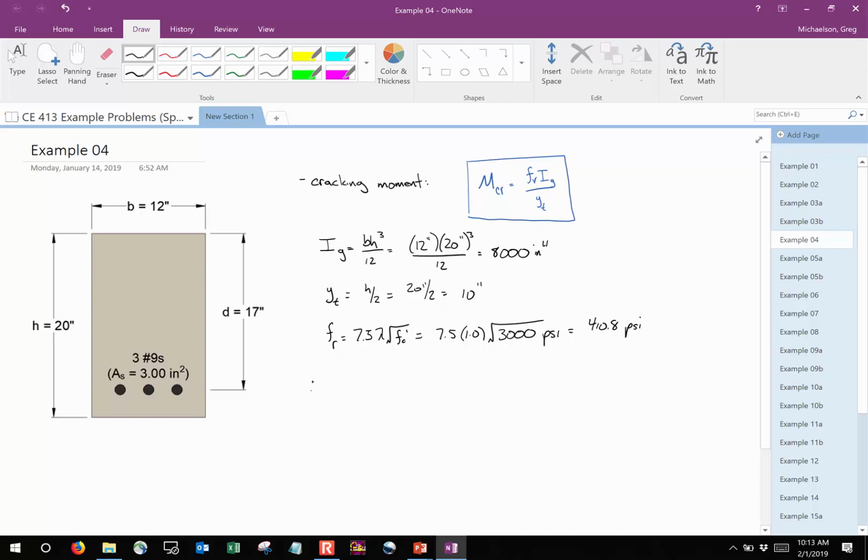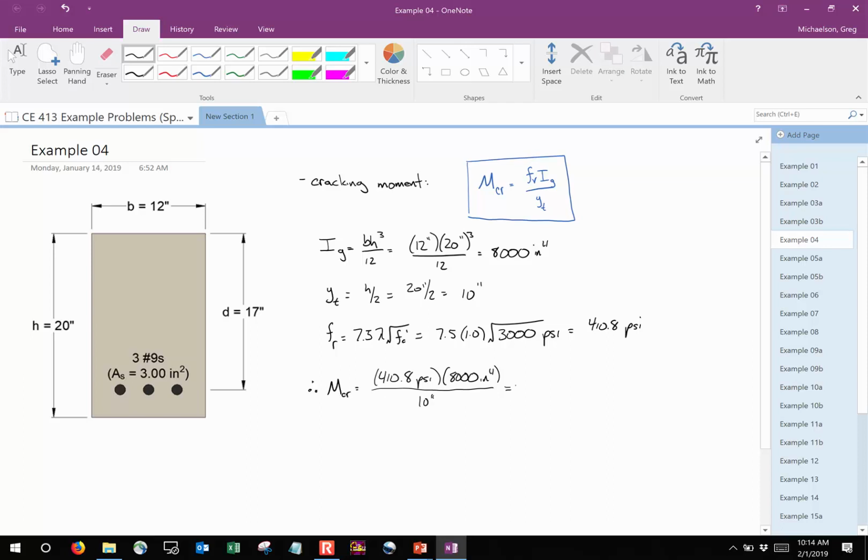So therefore, our cracking moment, so we have 410.8 PSI. We have 8,000 inches to the fourth. We have 10 inches. What does that come out to be?